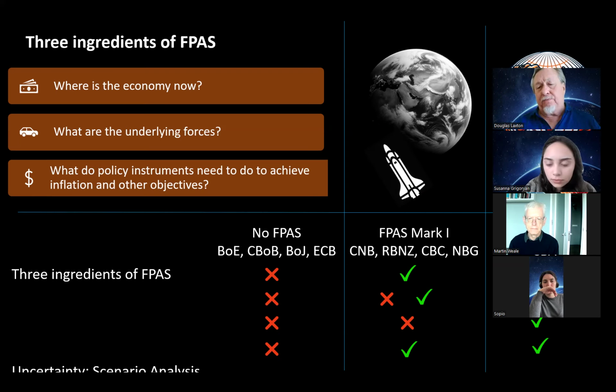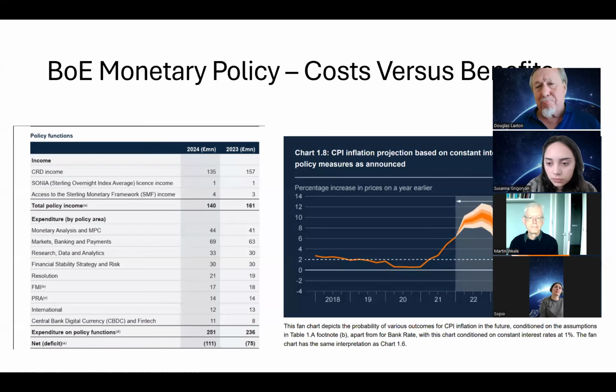Before we get into that, I want to also talk about another little mistake I made last week. I said the Bank of England spends 50 million pounds a year on monetary policy, and I was referring to a table that is measured in U.S. dollars.